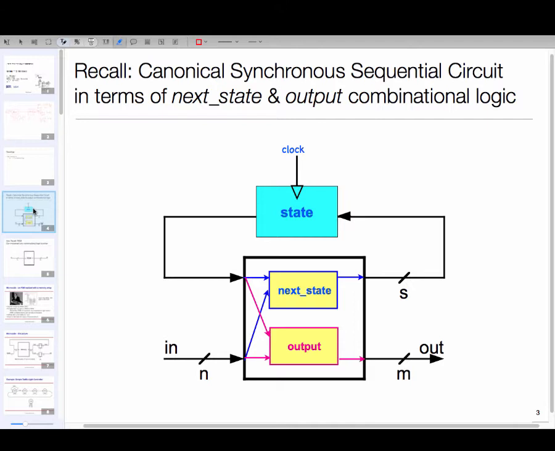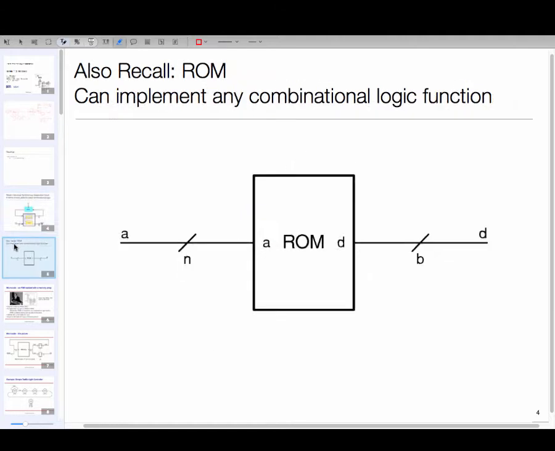Now, again, this strategy will not be very efficient for data paths, because data paths have many bits, so n is very large, so the ROM would be huge. But for our standard state machines, where we were using the state diagram, this could be a perfectly fine strategy. So for the control FSM, that's a perfectly fine strategy.